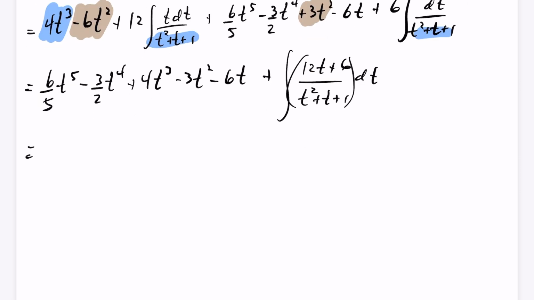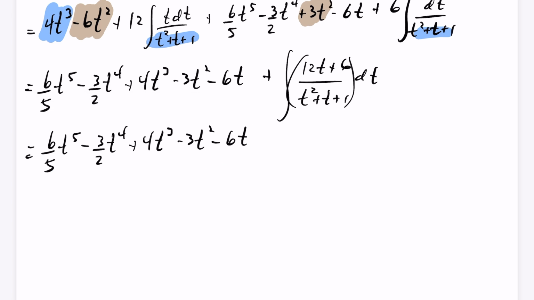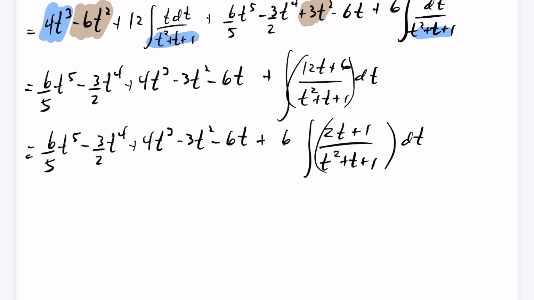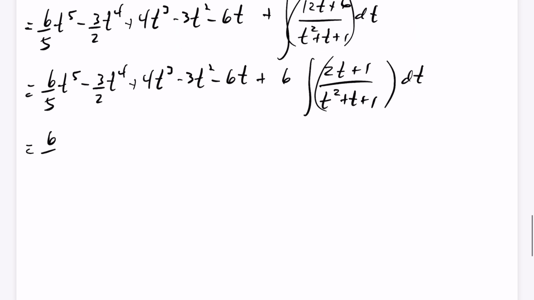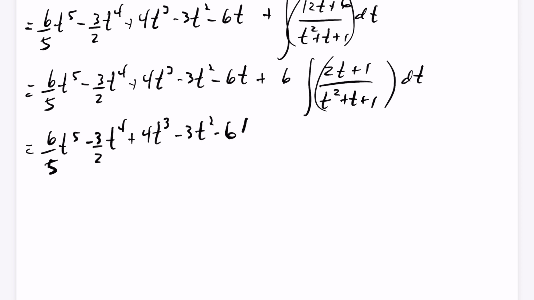So finishing this off here, we get the expression from before. I can factor the 6 out, and I'm taking the integral of 2t plus 1 over t squared plus t plus 1 dt, and that'll be equal to the ln. So we got 6/5 t to the 5th minus 3/2 t to the 4th plus 4t cubed minus 3t squared minus 6t plus 6.